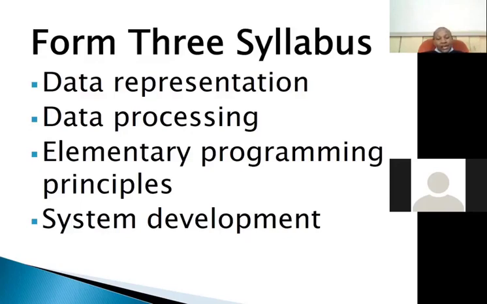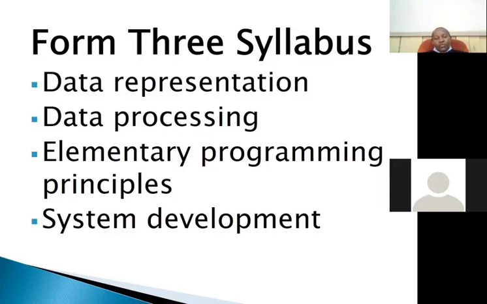Another topic that is of great concern in Form 3 that you should also prepare on is system development, starting with the definition of the system, characteristics of a system, and information system. Why do we need to develop, or what leads to the development of a new system?